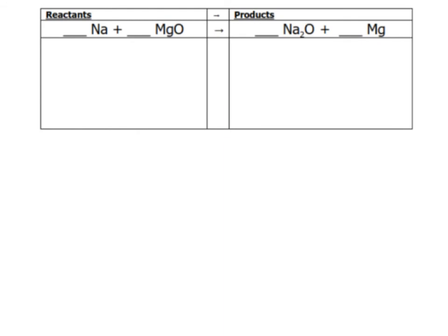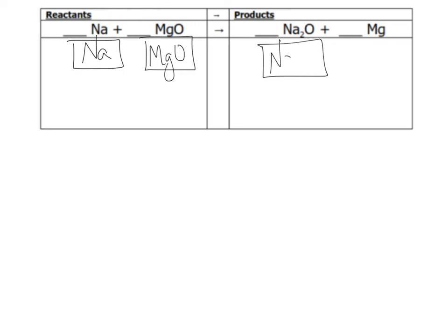Alright, final example of the box method. We've got NaMgO, products Na2O, and Mg.